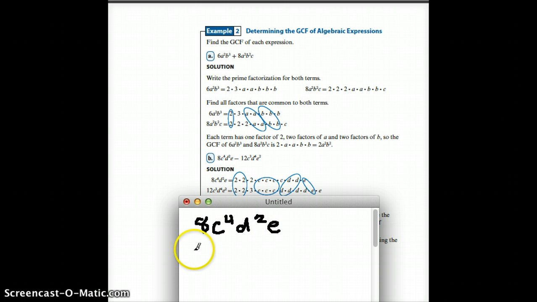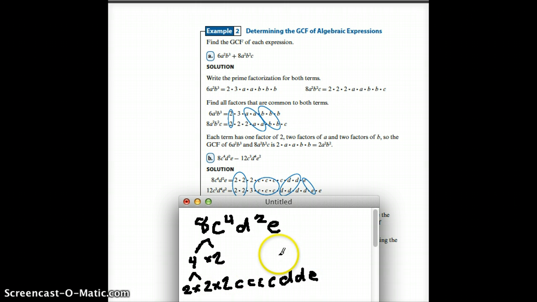Now 8 gets broken up into 4 times 2, which is 2 times 2 times 2. A c to the 4th is just c times itself 4 times. A d squared is 2 d's, and e, like so.